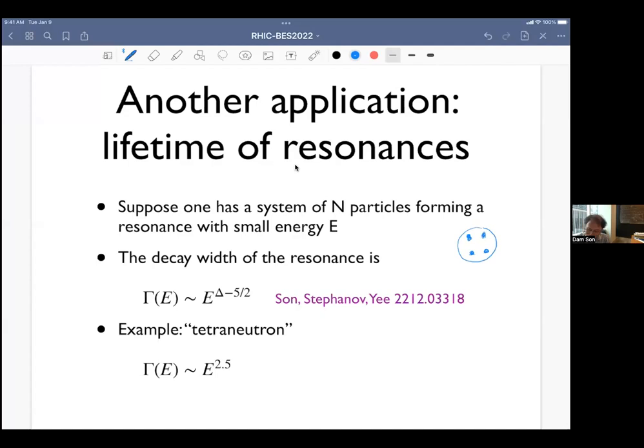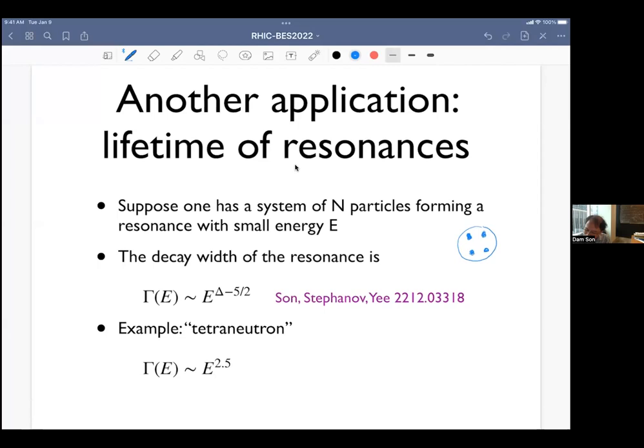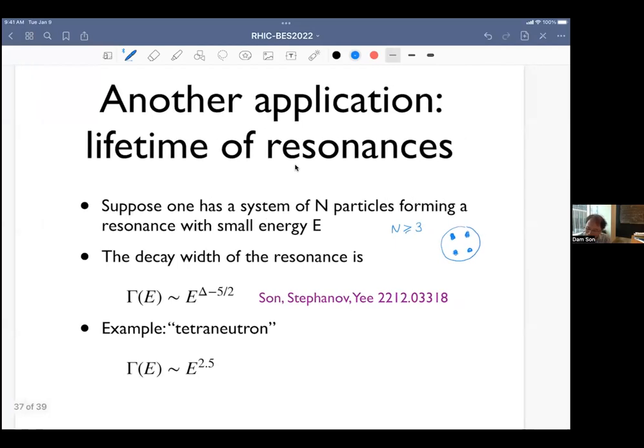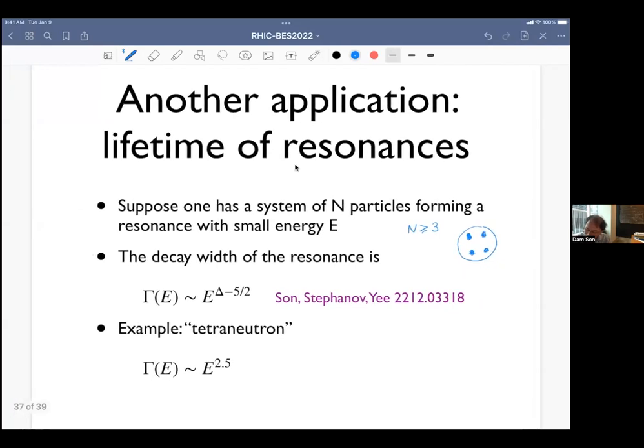In this case, we can show that if the number of these particles is larger than 2, so 3 and higher, we have a resonance. When the energy of this resonance is small, the width of the resonance is narrow, and the width is a function of E that goes like a power law of E when E goes to 0.